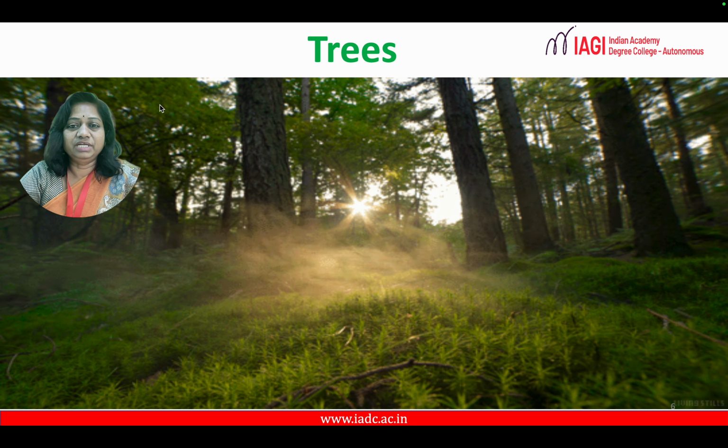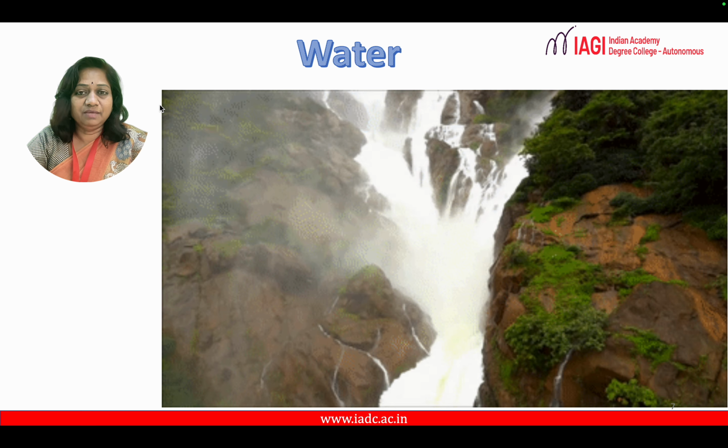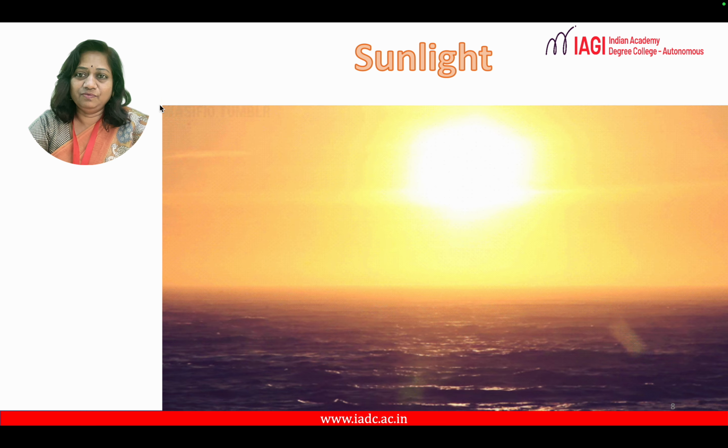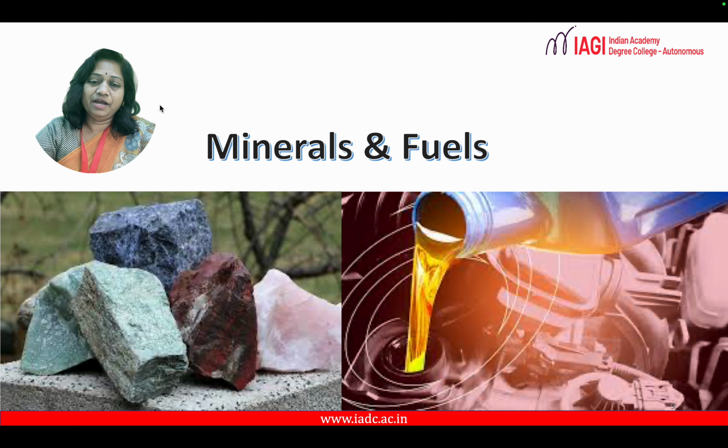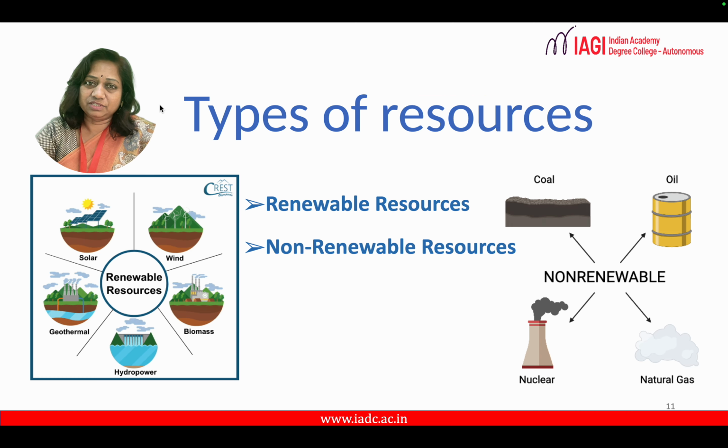For example, trees give us oxygen, water keeps us alive, sunlight gives us energy, and minerals and fuels power the world. Starting from the paper of your notebook to the electricity which lights your rooms, they all come from natural resources.